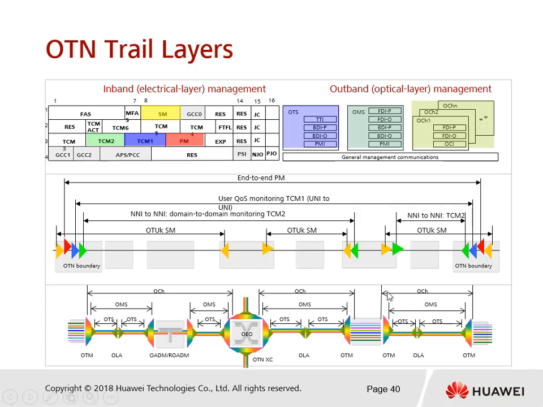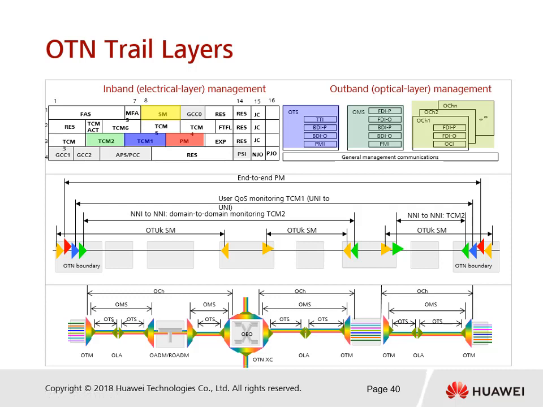For this application, because our client signal is from the OTM to another OTM, when we use the overhead, we first use the end-to-end PM, the ODUK PM path monitoring.